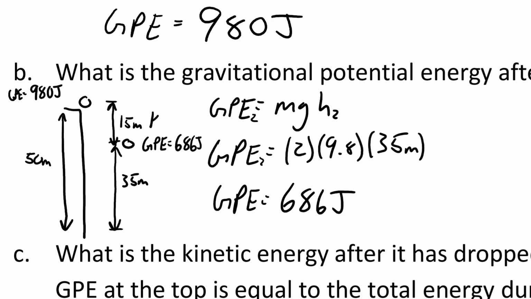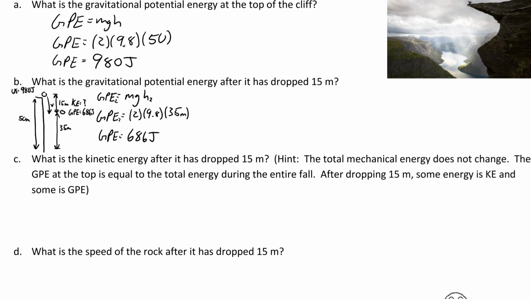There is some kinetic energy here because obviously the ball is falling down. It has some velocity at this position shown right here. So what is the kinetic energy? Well, if you're comfortable with the concept of conservation of energy, you could just say to yourself, I had 980 joules in the beginning.